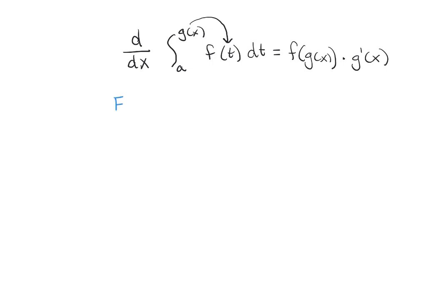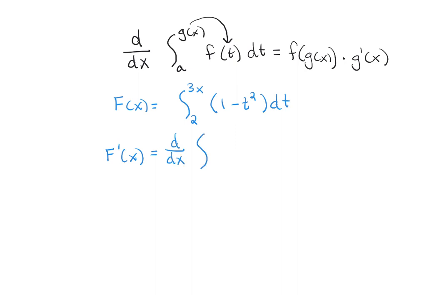Okay, so let's say we have the function represented by the integral from the constant 2 to the function 3x of 1 minus t squared dt. And then we want to find the derivative of that. So I've got d over dx, taking the derivative of this integral.